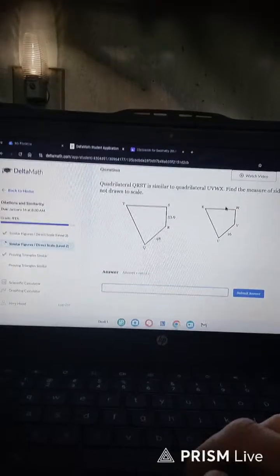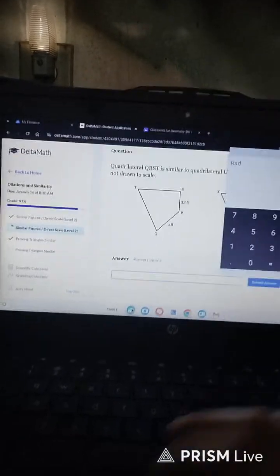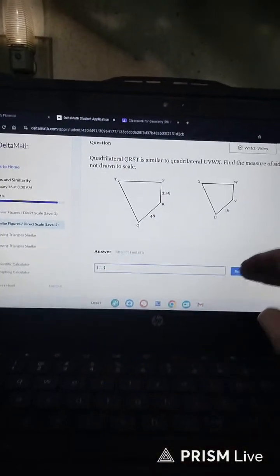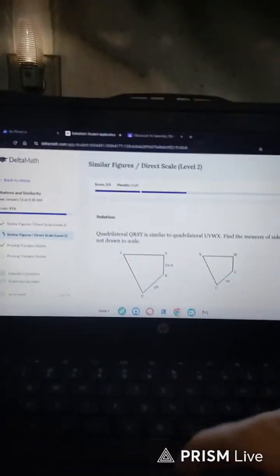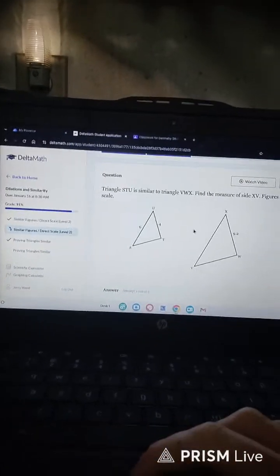Find the measure of VW. Alright, that's just 3, so that's 11.3. This is 4.3. No, I mean, this is 2.3, sorry.